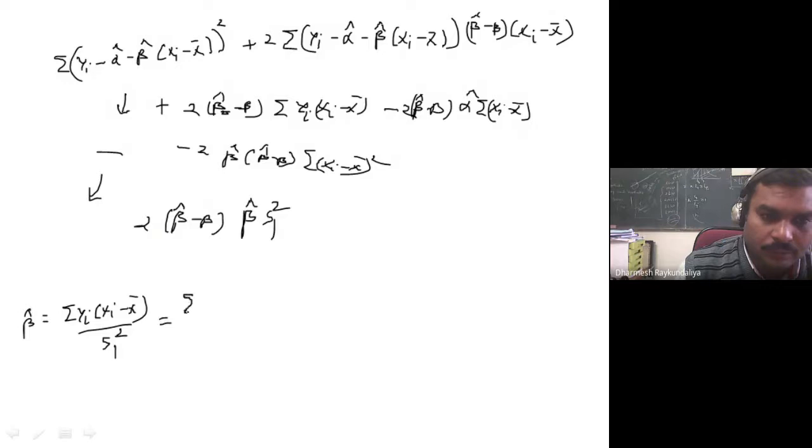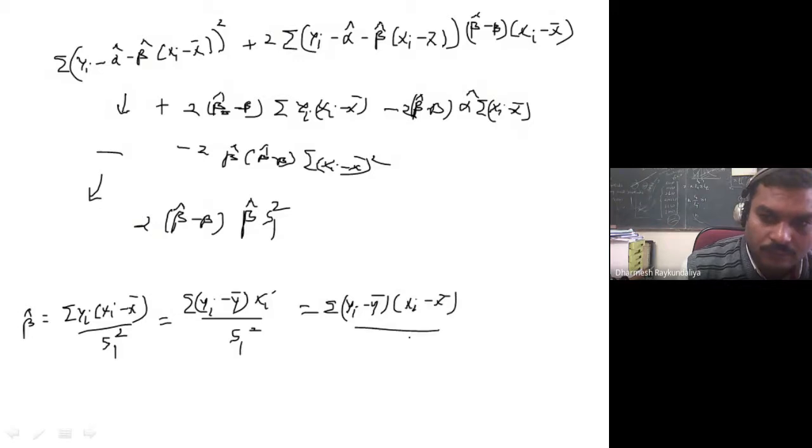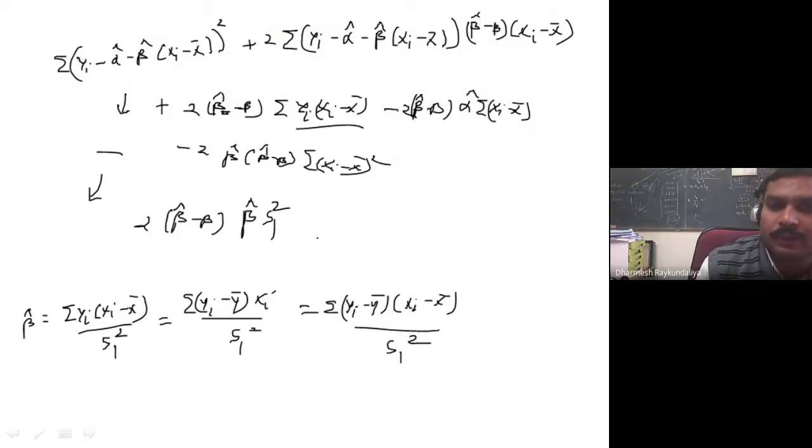You can also write this as yi minus y bar xi upon S1 square, or as summation yi minus y bar xi minus x bar. All are giving the same answer. You can prove it. So I am just substituting this as beta cap S1 square.